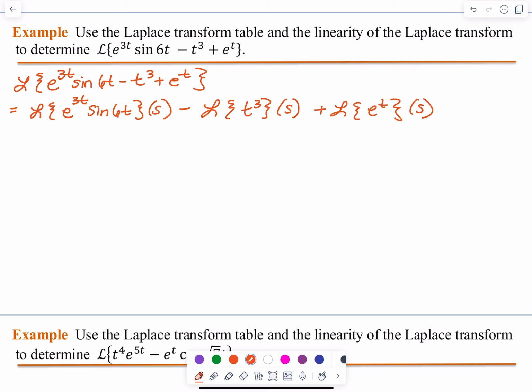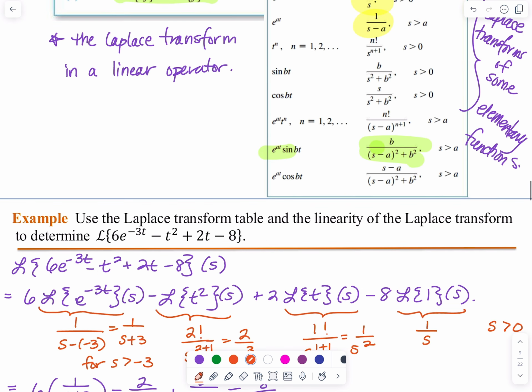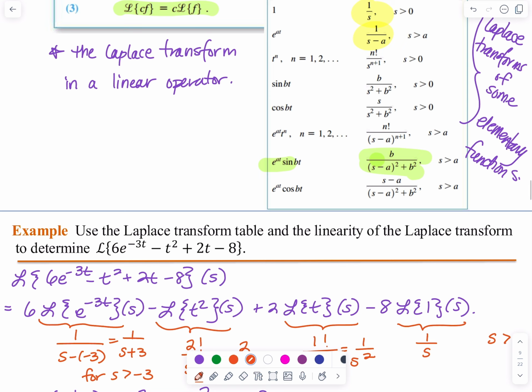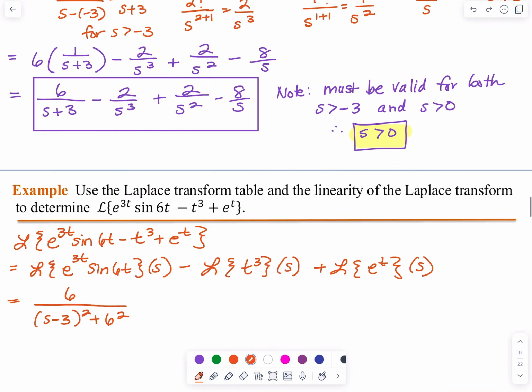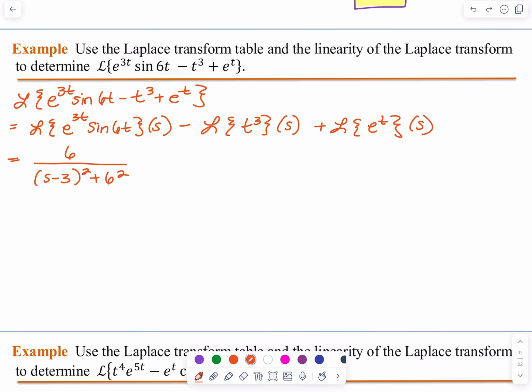Now we will find all of these in our table. So that is going to be equal to 6 divided by s minus 3 squared plus 6 squared. And you can see this right here. Okay. And continuing on, then we'll have minus 3 over, that's 3 factorial, over s to the 3 plus 1 power. And then we have plus 1 over s minus 1.